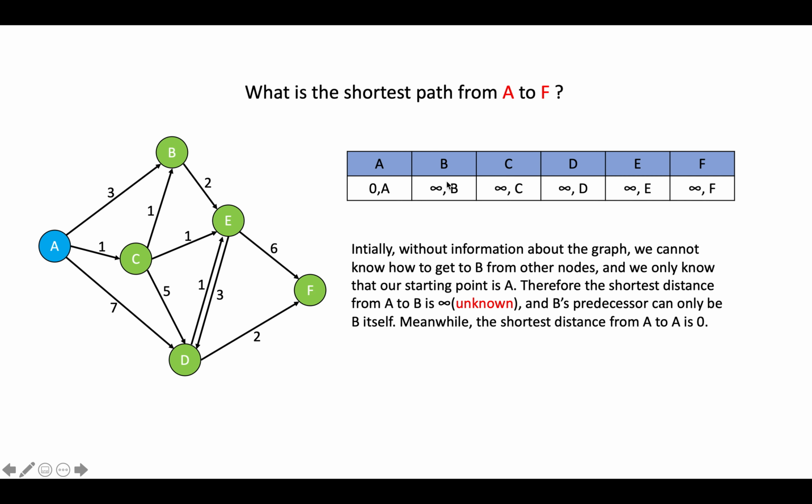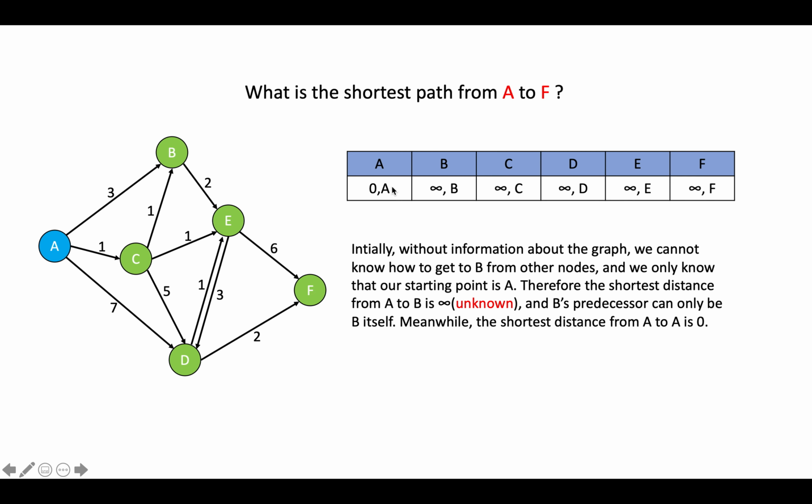And the shortest path from node A to node B is infinity, because initially we haven't seen this graph. We have no information about it, so we do not know how to get from node A to node B. So the shortest path currently is infinity, and for node C it is the same, infinity, and so on and so forth.